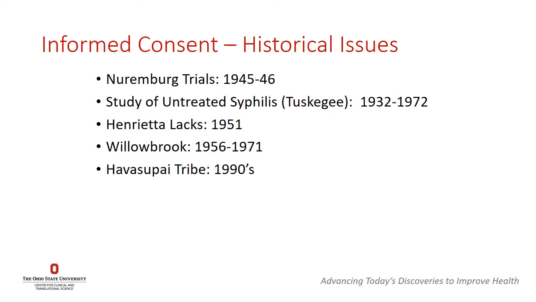The cells were named according to the first two letters of Mrs. Lacks's first and last name, H-E-L-A or HeLa, what we today would consider to be a private health information HIPAA violation. Further, she was not told that her cells were being used in research or in future research, which is now an aspect of current informed consent practices.